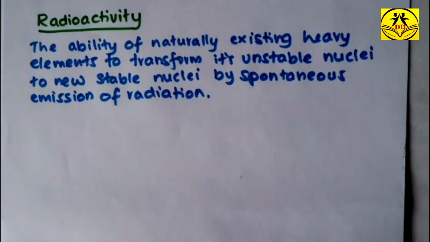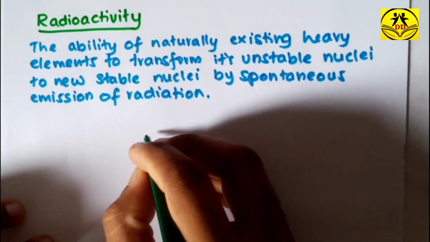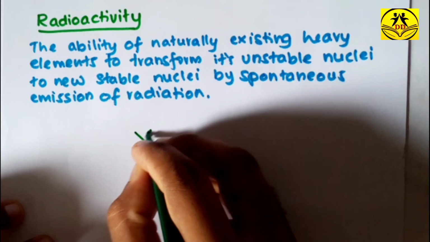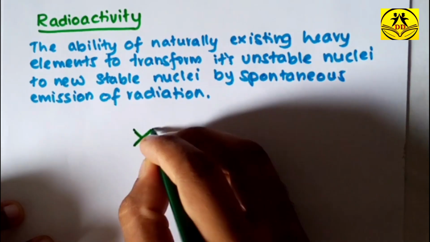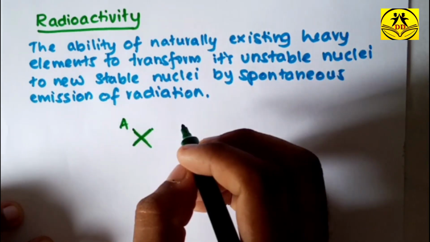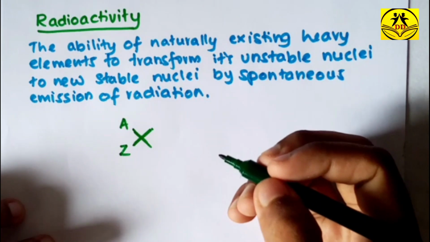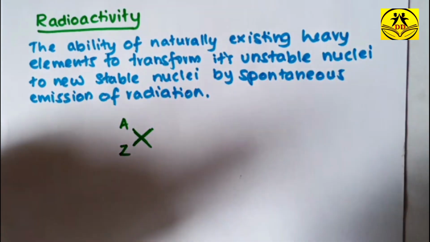In nuclear physics, we talk about the changes that occur in the nucleus of atoms. So from here onward, we denote a nucleus of an atom like this. This will be the chemical element, and as a superscript we write its mass number, and as a subscript we write its atomic number or proton number.